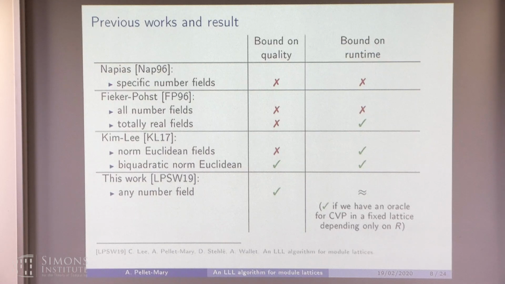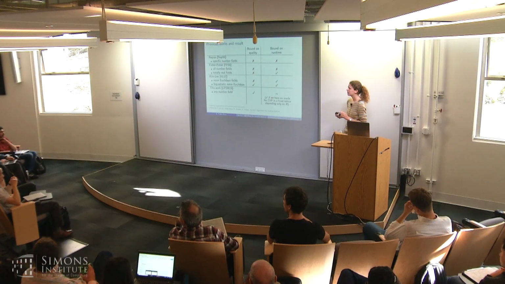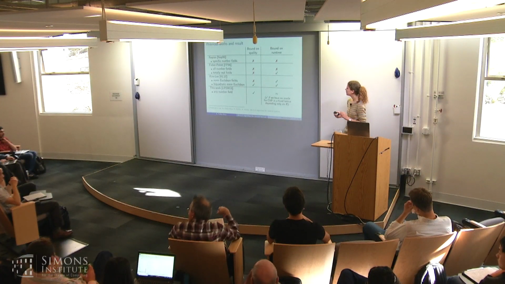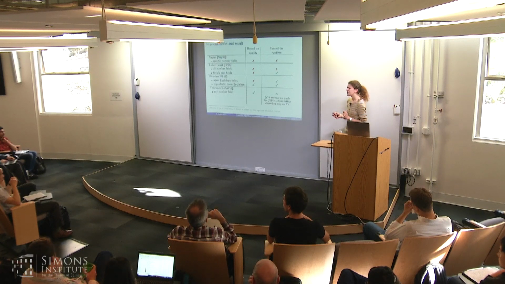Yes? What about the work of Camus, who generalized the Napier algorithm and technically kept exactly the same structure, but has just an improved analysis on the running time? Because I don't understand why you are saying that there is no bound on quality in Napier's work. It's very related to the biquadratic norm-Euclidean Kim-Lee algorithm, because they keep the same structure and have, I think, the same bound as Kim-Lee, but for norm-Euclidean rings.